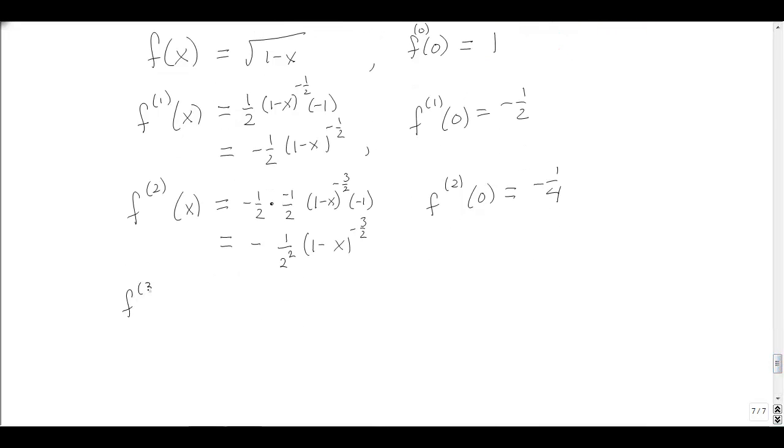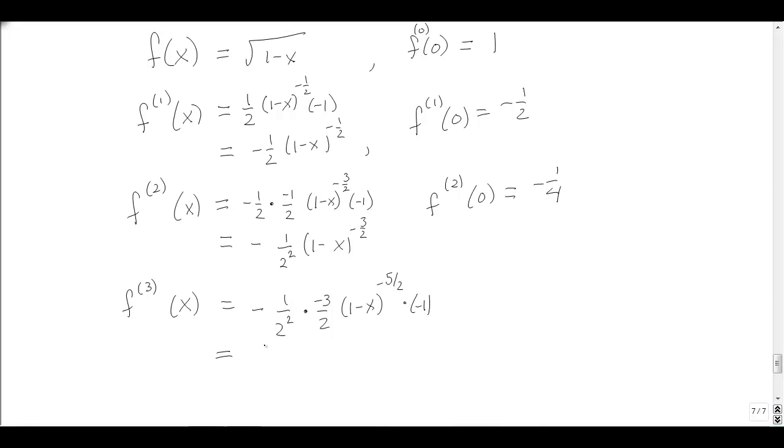Let's do a third derivative. So we get a negative 1 over 2 squared, 1 minus x, sorry, and then I bring down my exponent, which is a negative 3 halves, and then I get a 1 minus x to the negative 5 halves, and then I'm going to get times a negative 1 because the derivative of 1 minus x is negative 1.